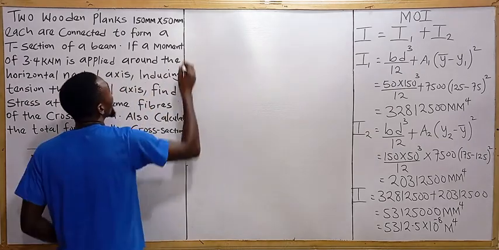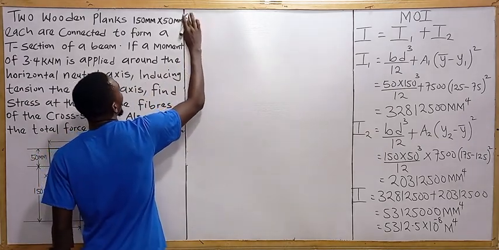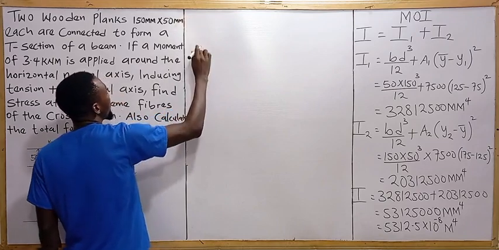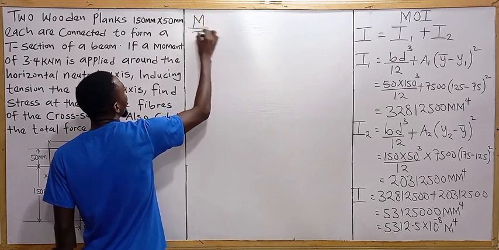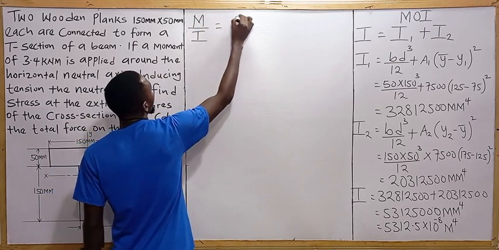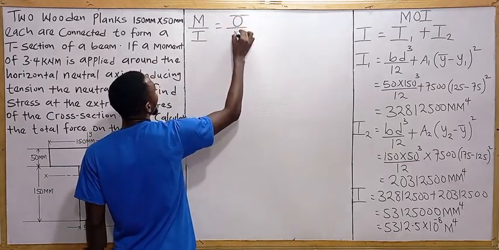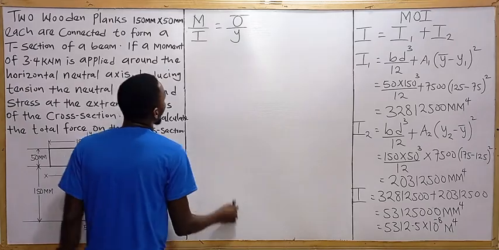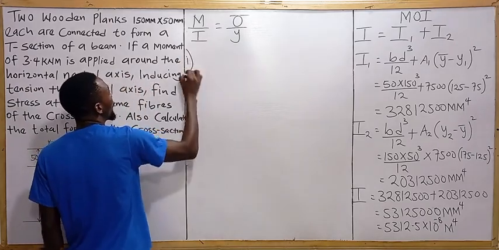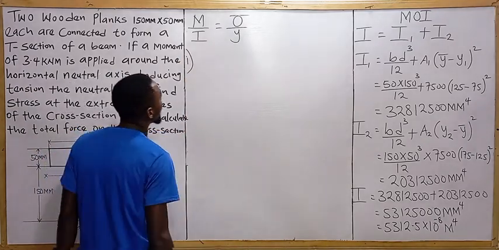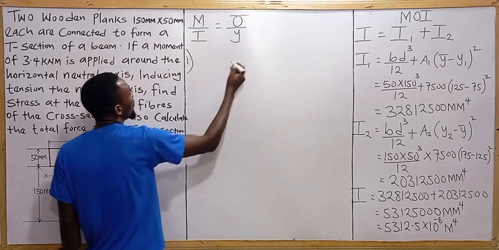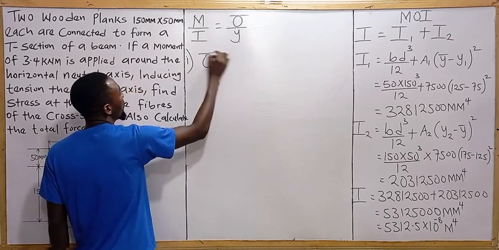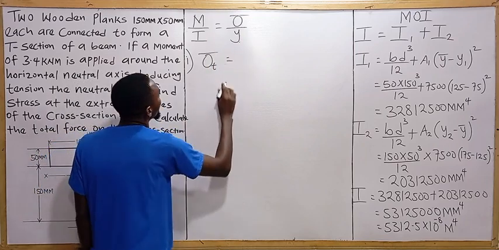We are going to be going for our tensile stresses, but you are going to recall from the flexure formula that M over I is equal to stress over y. For our first calculation, which is tensile, we are just going to put t here, and this one too, we're also going to have t. So let's make this the subject.